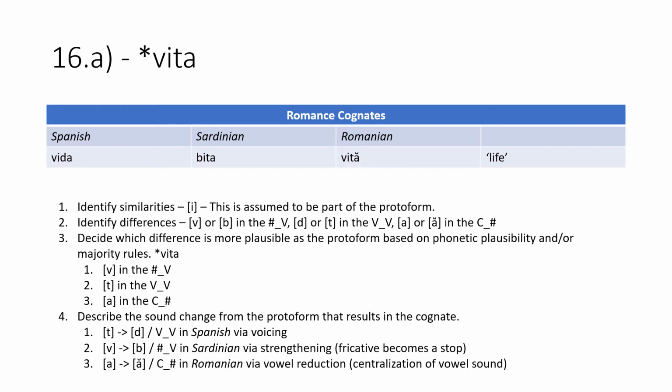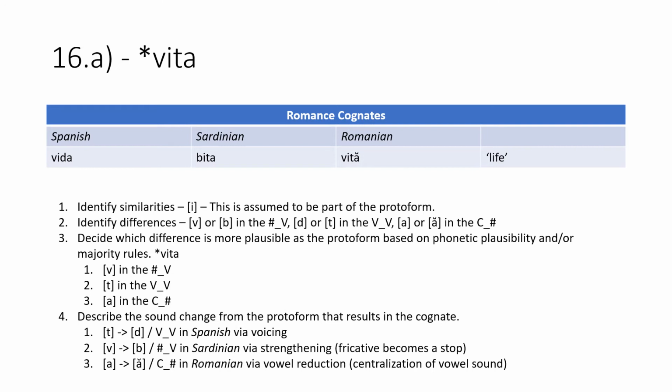But in this case, you could have guessed that based on majority rules, right? So the V would be our initial sound. We know that the E or the I, the little lowercase I sound, or the E, is part of our protoform. So that gives our V, I, right? And then we have a T or a D. Well, once again, when we only have 3 examples, majority rules is pretty easy.